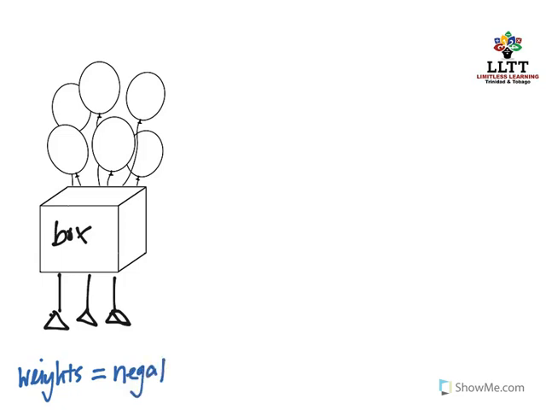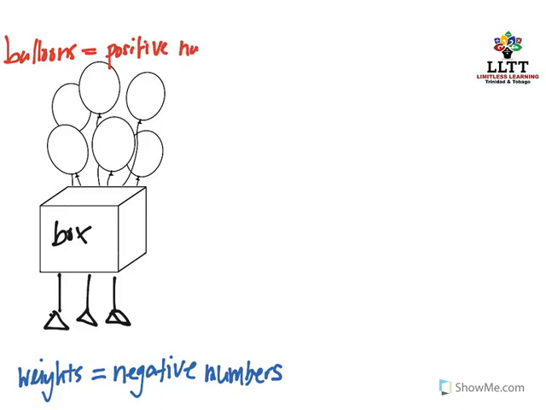So anytime we talk about weights, essentially we're talking about negative numbers. And then when we talk about the balloons on the top, it's as though we're equating balloons to be positive numbers. So our balloons are the same thing as positive numbers. So when you hear me talk about the balloons, it is as though I'm talking about positive numbers, and when I talk about weights, it is as though I'm talking about negative numbers.